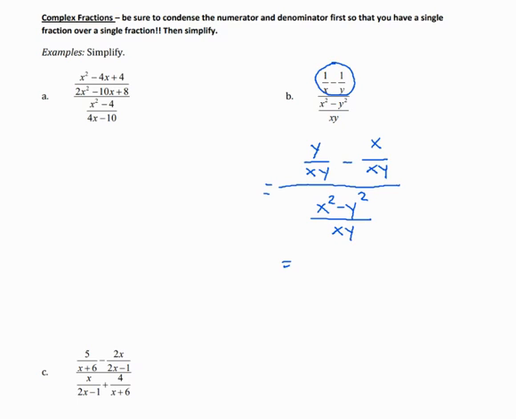At this point, I can now combine that big numerator and make it a single fraction. So that will simply be y minus x all over xy, and then all over the other fraction of x squared minus y squared over xy.